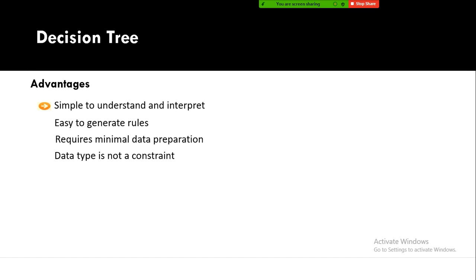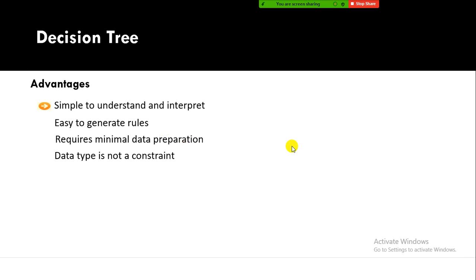Your tree will have more branches and more subtrees. In that case, you might lose track, make a mistake, or disregard certain rules. That is where packages that generate the rules from the decision tree help, so that you will not miss out any rule.